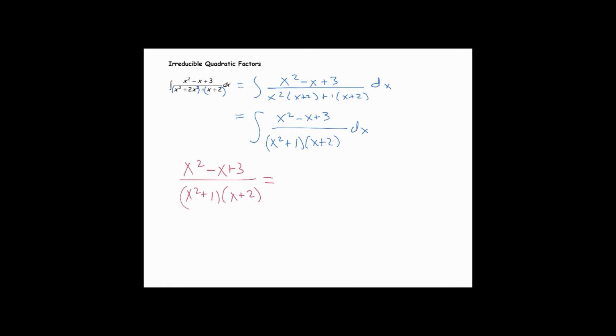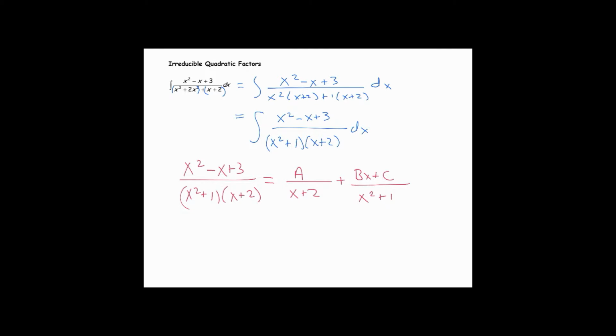So we can break this up into A over x plus 2, but then we have to write the numerator as bx plus c, and that allows for the possibility that there's a linear term in the numerator, because the bottom is a quadratic. So there's always a possibility that that will be 1 degree less than the denominator.